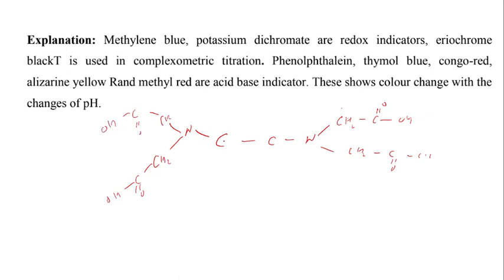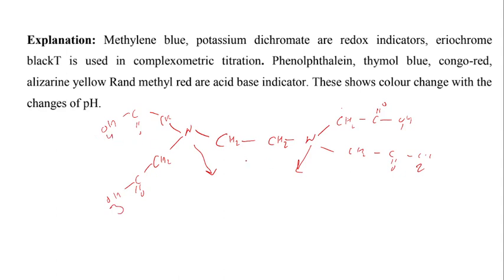So here, how many dentate, means from how many sides can it capture the metal? There are two nitrogens and four oxygens, 1, 2, 3 and 4.